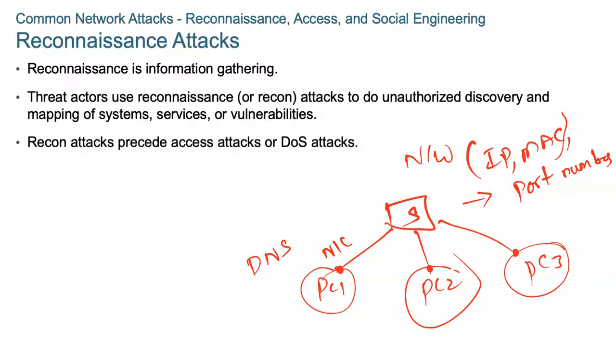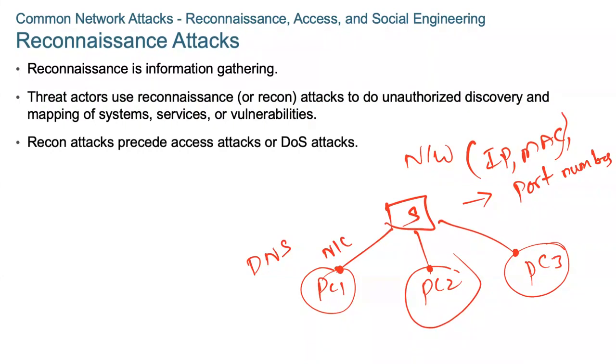So in this reconnaissance attack, basically it is gathering the information of your target. Reconnaissance is information gathering, and it is analogous to a thief surveying a neighborhood by going door to door.